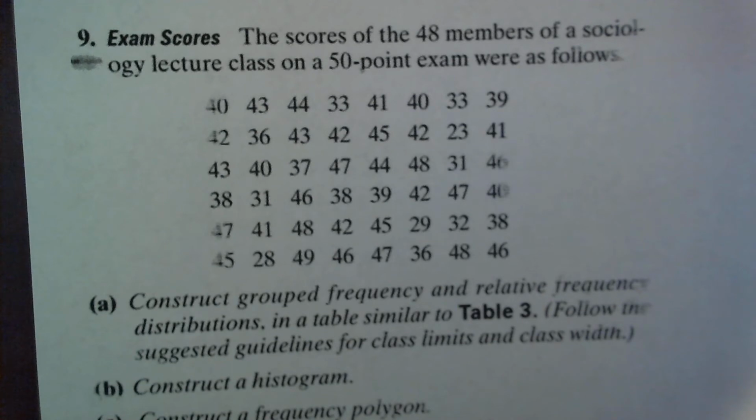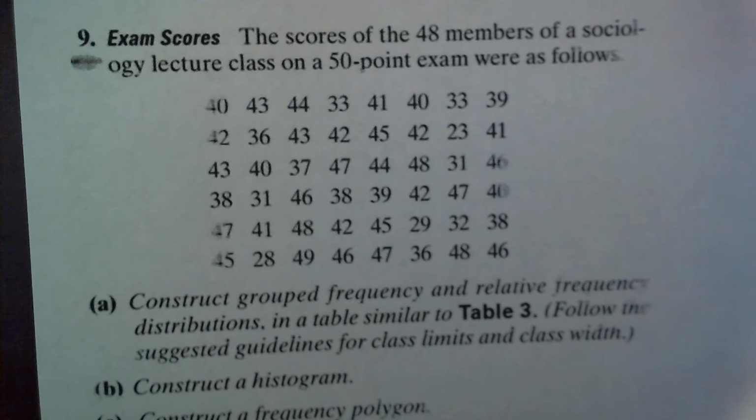And there are really no fixed rules about how to do this, but there are some general principles. Number one, make sure that each data item fits into only one class. Number two, try to make all classes the same width and make sure the classes don't overlap.